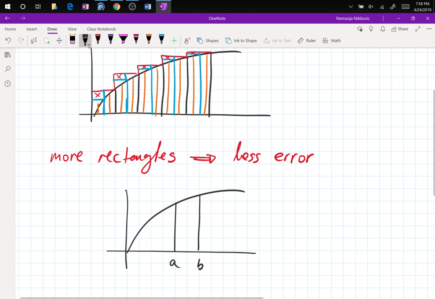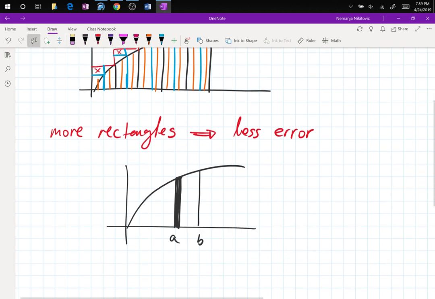You get a point, draw the rectangle, point, draw the rectangle, point. Do you see how I'm going to canvas everything? So infinitely many rectangles is going to be exact area.